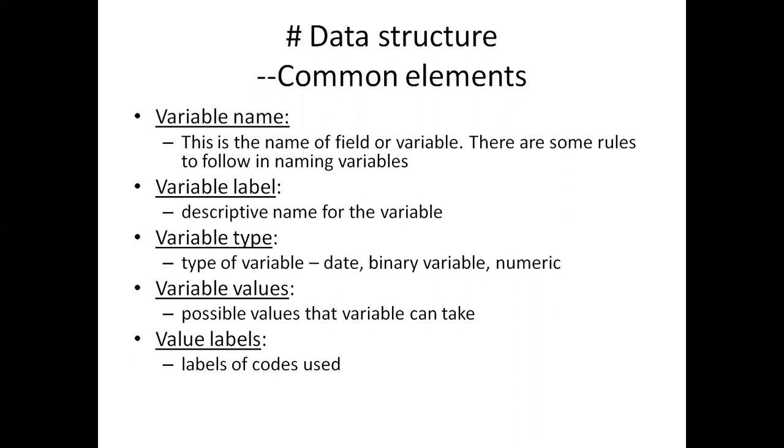Together, these common elements actually make up a database. When you say a database, what we inherently mean is that you have these present. It may not be readily seen, but somewhere in the database, these elements are in it.